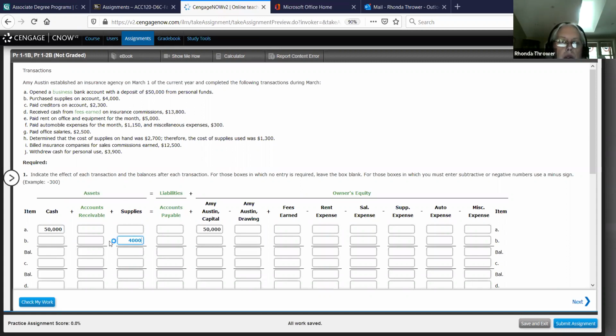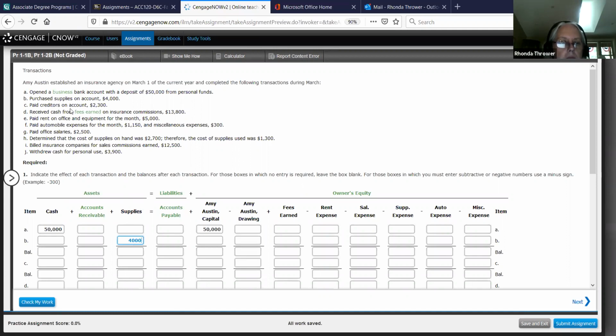And we want to reflect that. Now, supplies is an example of a prepaid expense because we're expecting that we're going to be using them up over time. But when we purchase the supplies, we record them at their cost in the asset account called supplies.